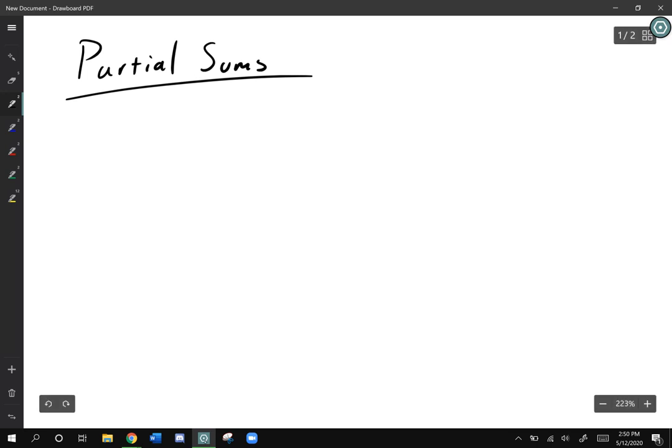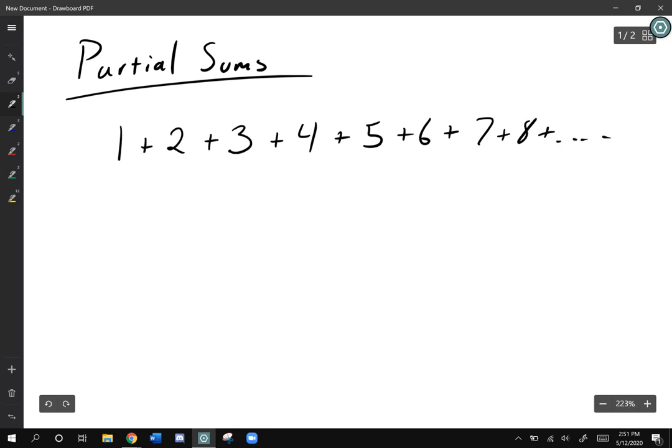So if I give you a sequence like this, 1 plus 2 plus 3 plus 4 plus 5 plus 6 plus 7 plus 8 plus so on and so forth. This is going to keep going, and there really is no way to actually evaluate what this infinite sum would be.